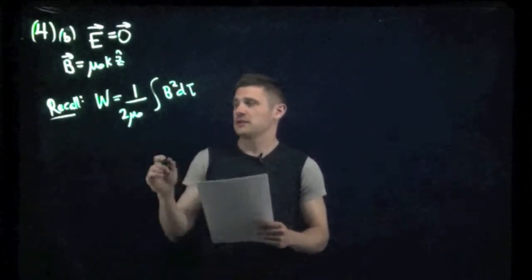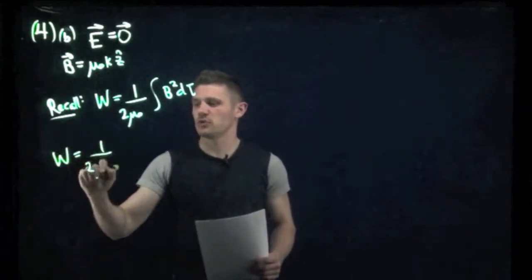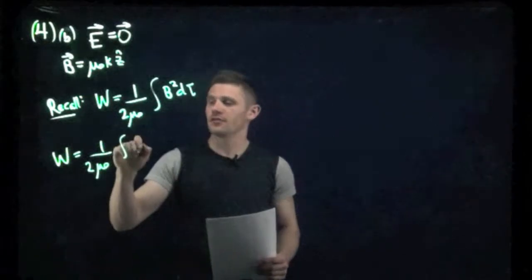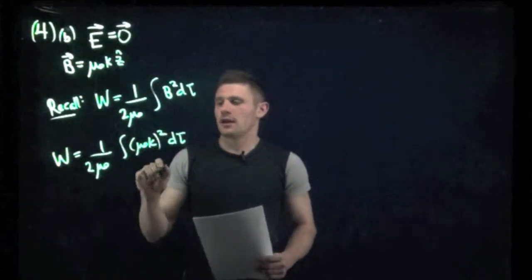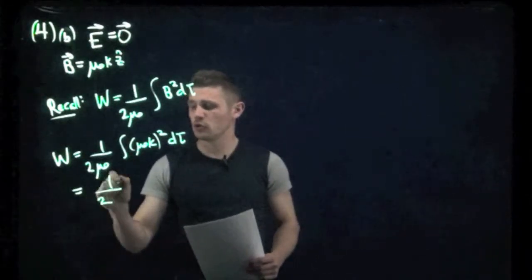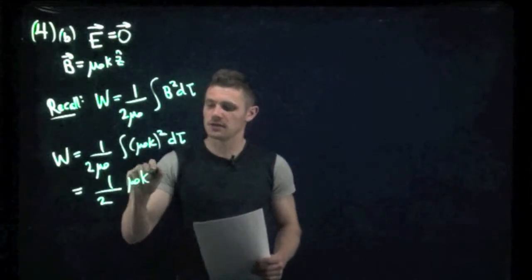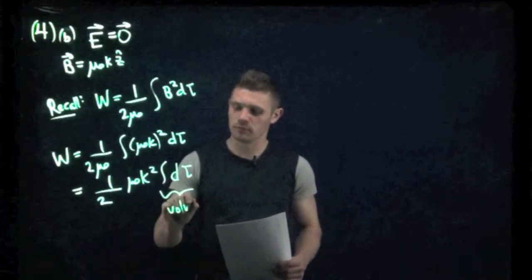So now we want to calculate this integral, so we can see that the energy is 1 over 2 mu naught, the integral of mu naught k squared times d tau. Of course these are constants, so we can just pull them out right away, and we get 1 over 2 mu naught k squared, the integral of d tau, which is just a volume element.